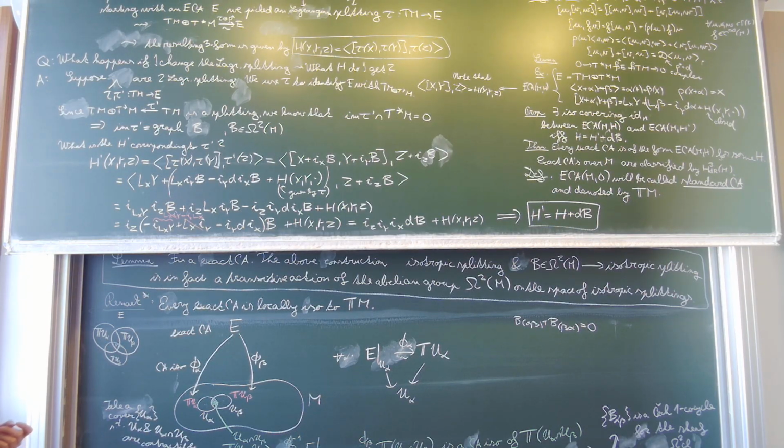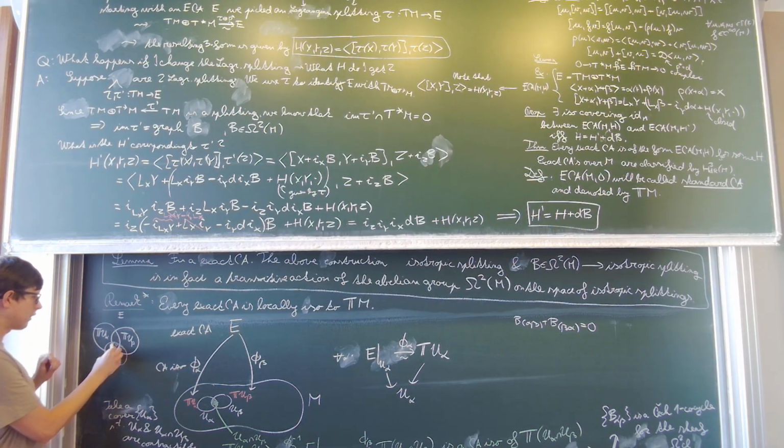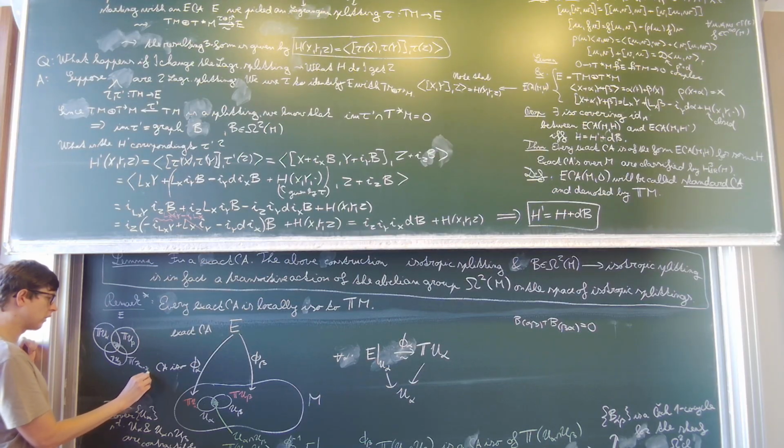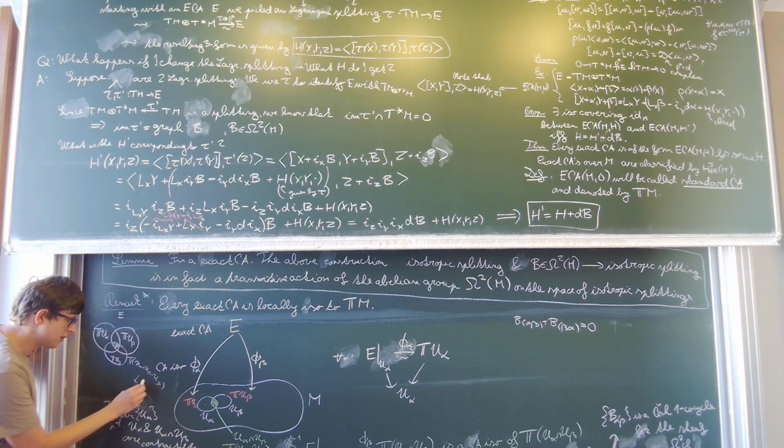If phi alpha inverse phi beta, then it would be followed by phi beta inverse phi gamma inverse. Or maybe yet a different way. If you look at this triple intersection, where you would have U alpha, U beta, U gamma, then you have three different maps to E over that neighborhood.